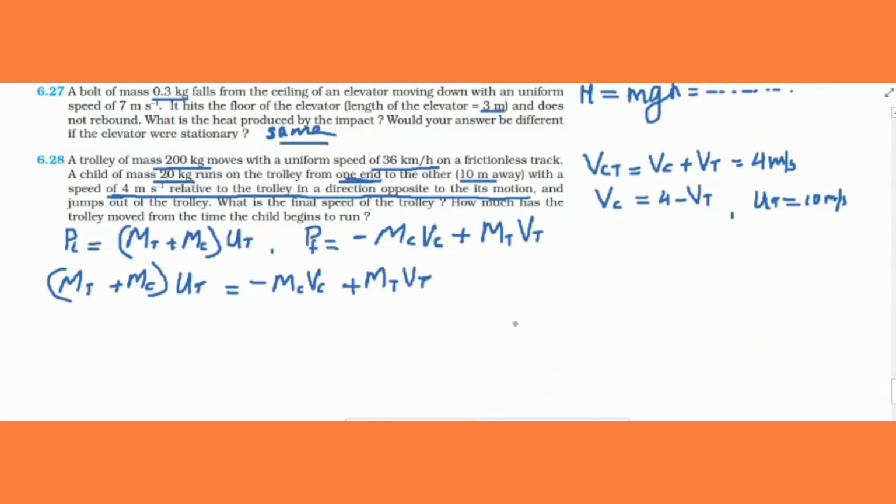Now look at the equation. All quantities are there. Here you don't know the value of vc. So what you have to do? You have to take this is equal to minus mc, then vc is equal to 4 minus that velocity ut you have to take.